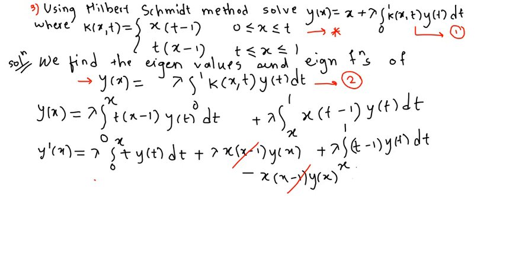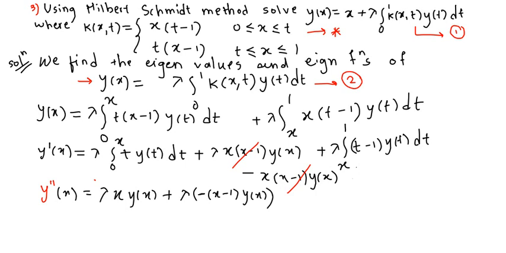Then again differentiate it with respect to x, so y double dash of x will be equal to lambda times, differentiating this will give us 0, so x into y of x plus lambda times minus x minus 1 into y of x.